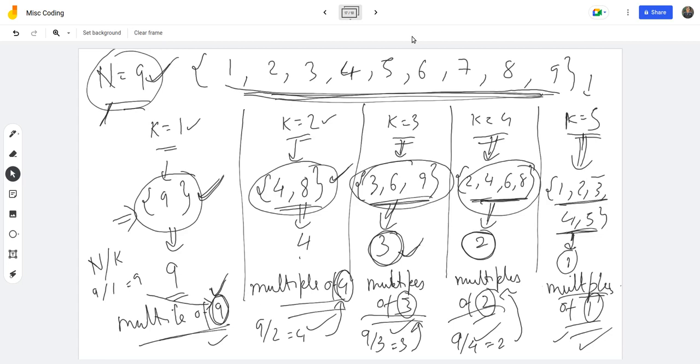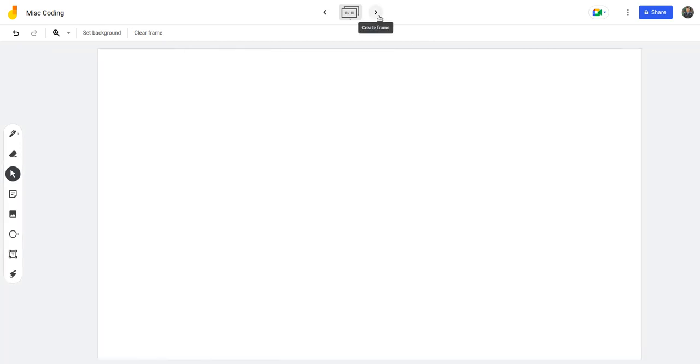What we need to do essentially in this problem is that we need to first of all figure out n by k.